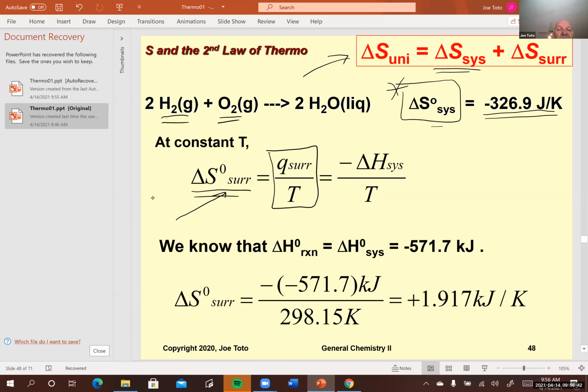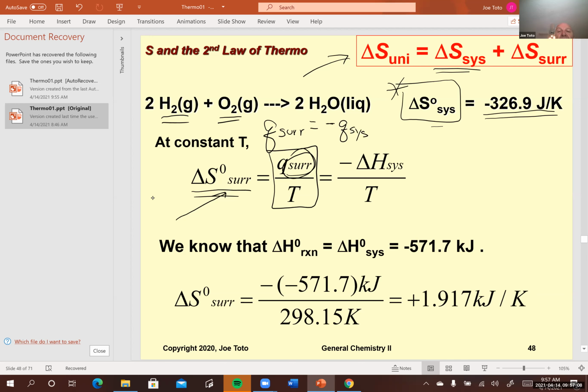So once we do that, we can say, okay, well, there's the conservation of energy. So heat into or out of the surroundings has to go into or out of the system. So we can say that Q surrounding equals minus Q of the system.